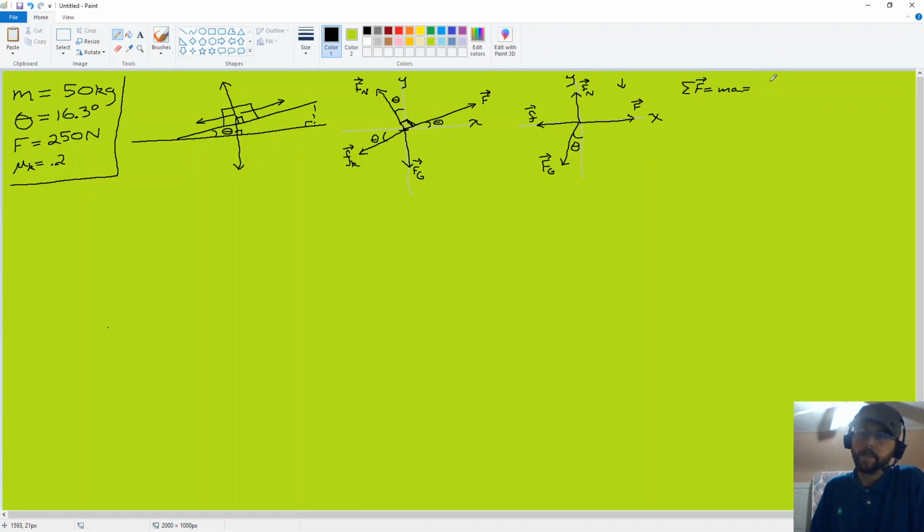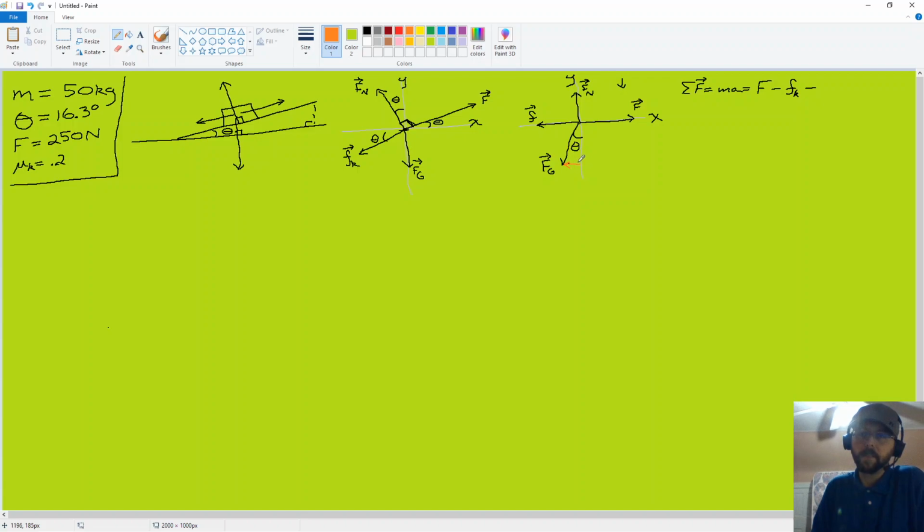We have a positive pushing force. I don't know if I should call it the x component of the force or not. It doesn't matter, the magnitude is the same. So the pushing force minus the friction force, which is kinetic friction, minus, there's a little bit of force of gravity pushing in this direction.